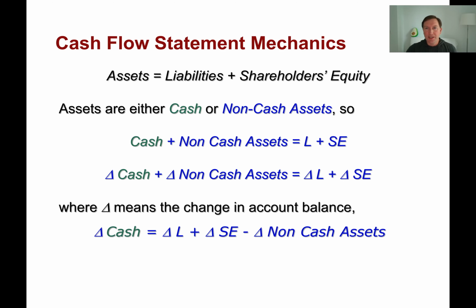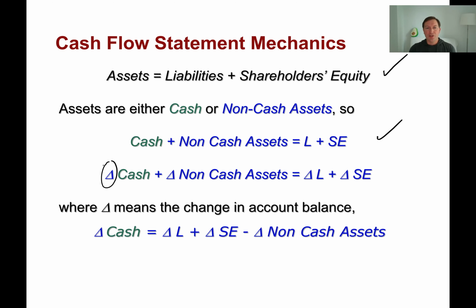So basically we have the balance sheet equation over here, right? And of course we can take this balance sheet equation and write it as cash plus non-cash assets equal liabilities plus shareholders' equity. Okay, and then we can take this equation at the end of the period and subtract the same equation as of the beginning of the period, so that we have changes.